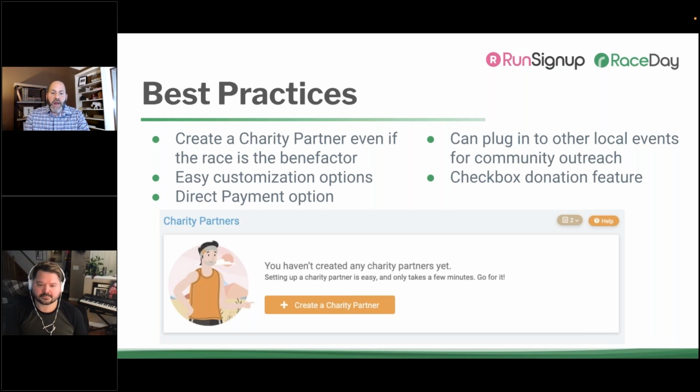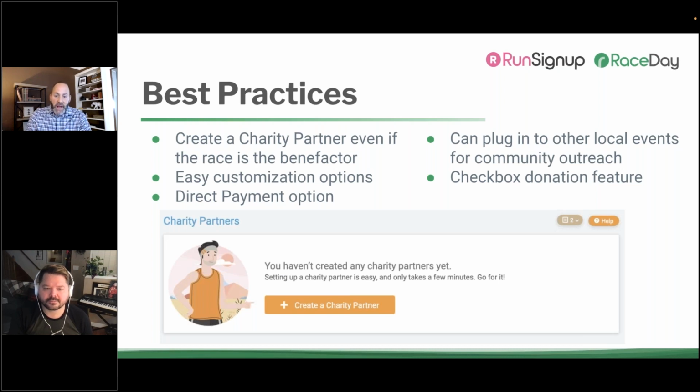So some of these best practices: create the charity partner, even if the race is the benefactor. The reason is because there are some special benefits, this checkbox donation I'm going to get into in a second. And then a reminder that these customization options are very easy to do, so it's not a lot of work to make it really compelling and on brand.